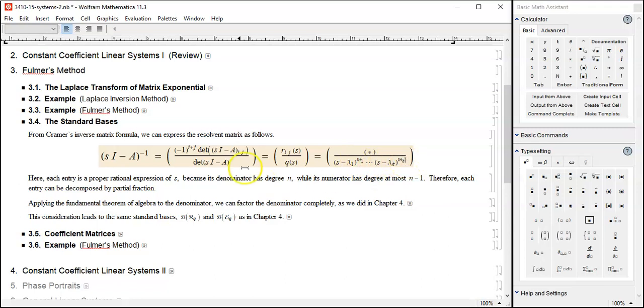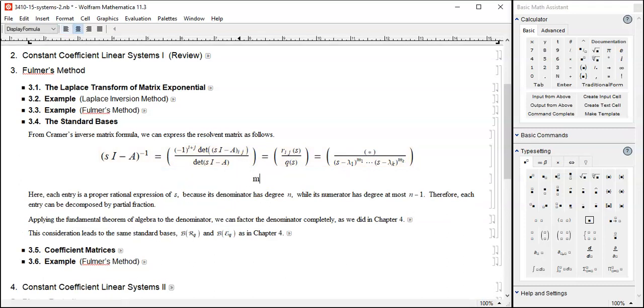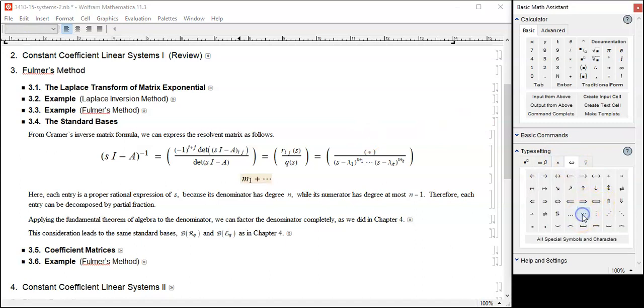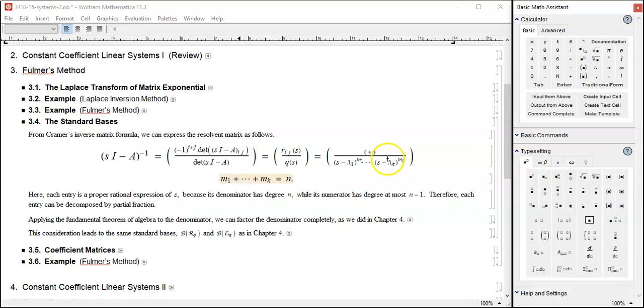So the sum of those multiplicities, m1 plus dot dot dot mk, has to add up to n. And then this numerator has degree less than n, so this is proper.